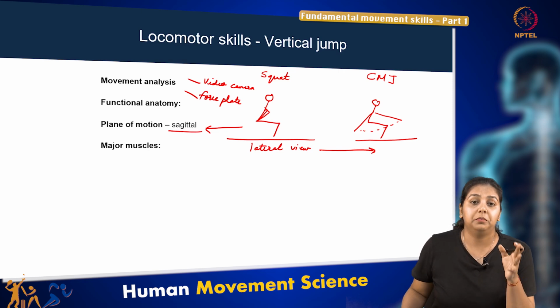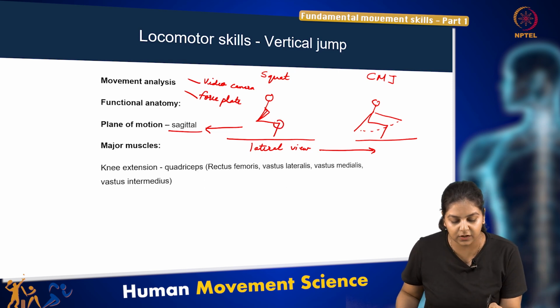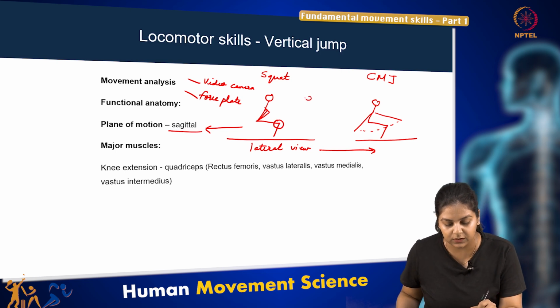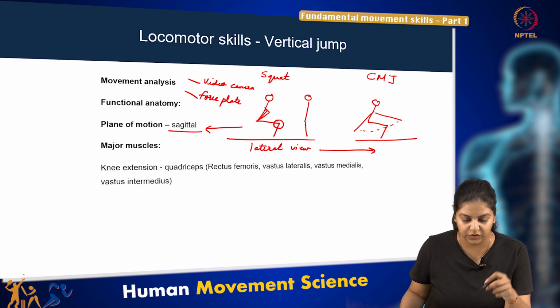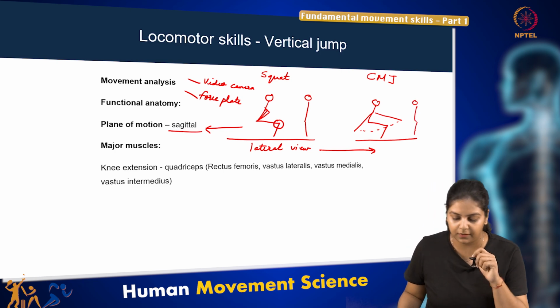So what are some of your major muscles? Let's look at them. And what is its role? So of course, there's knee extension happening here, correct? So once the body is pretty much upright, so you go from that position into that, and the same with that position into that.